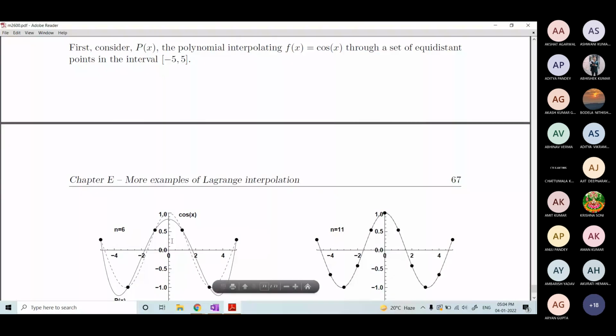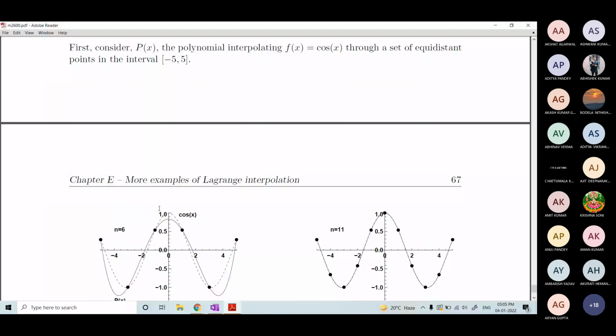So the problem here is, if the data points are large in number and you find the interpolating polynomial passing through the data points, then it may not be accurate. The interpolating polynomial may not converge to the actual curve every time.